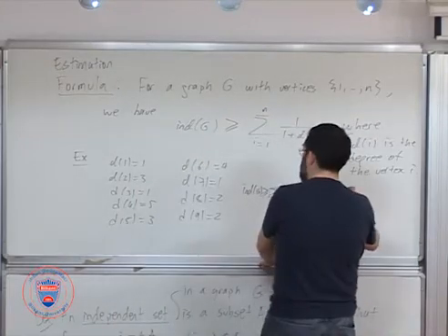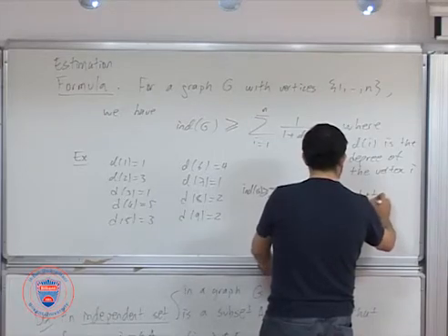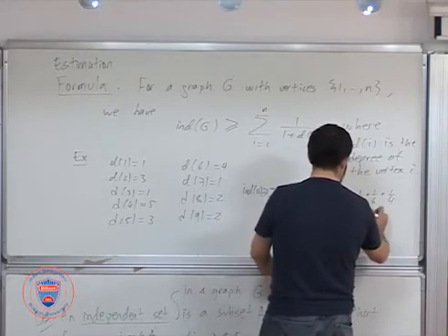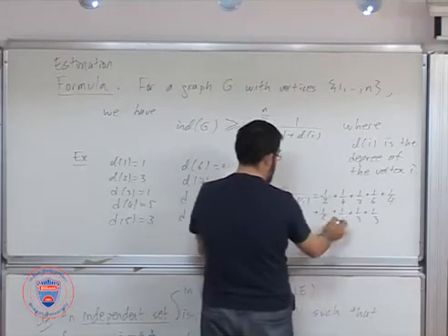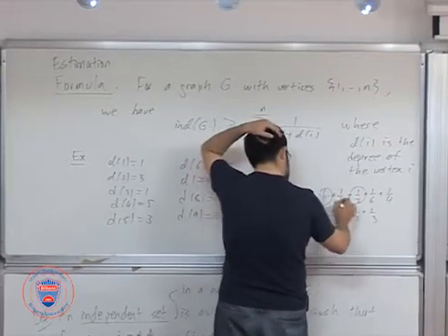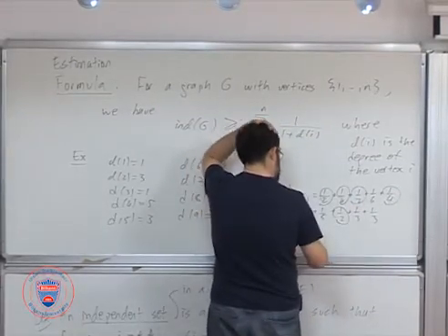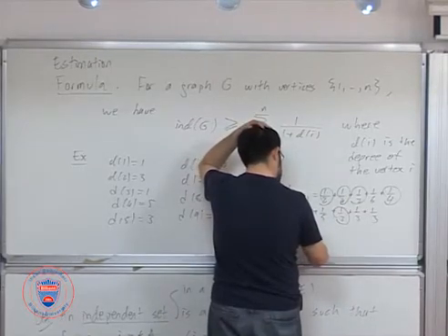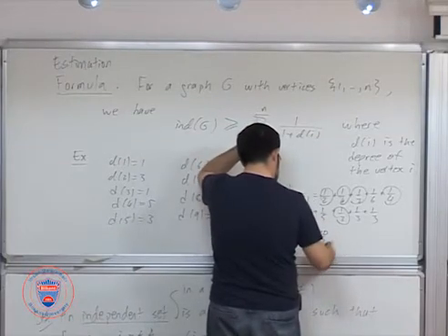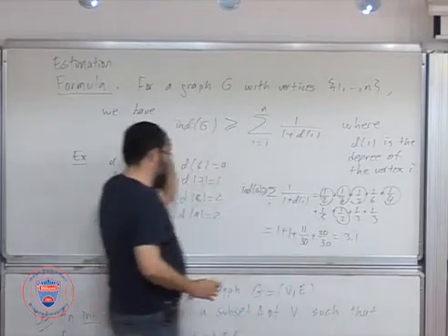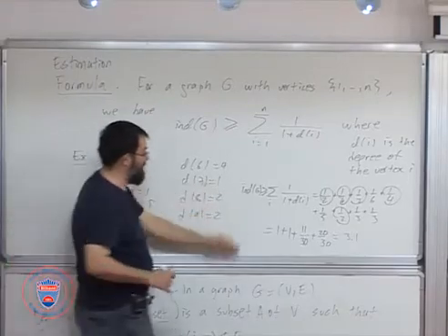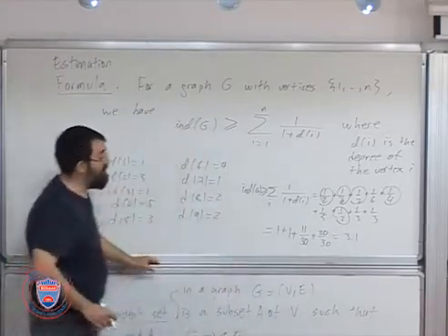So 1 over 2, 1 over 4, 1 over 2, 6, 1 over 4, 5, 1 over 2, 3, 1 over 3. So you get 1 plus 11 over 30, 2 over 3, 10 over 30, 31 over 10, so it's 3.1. So 3.1 means the independent set is 4 or bigger, because it's always an integer.